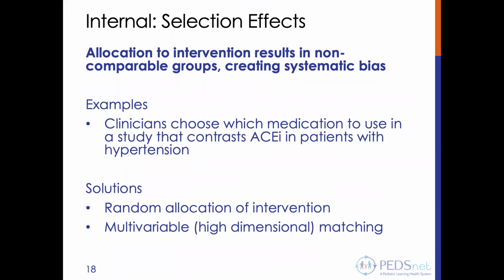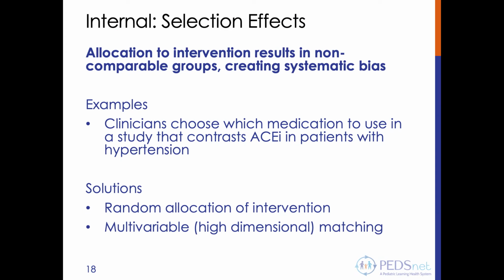We've all heard about selection effects. This is allocation to intervention versus comparison or control groups that occurs in a non-random way, potentially creating systematic bias, unequal groups. An example here is that a clinician chooses which medication to use in a study that contrasts ACE inhibitors in patients with hypertension.